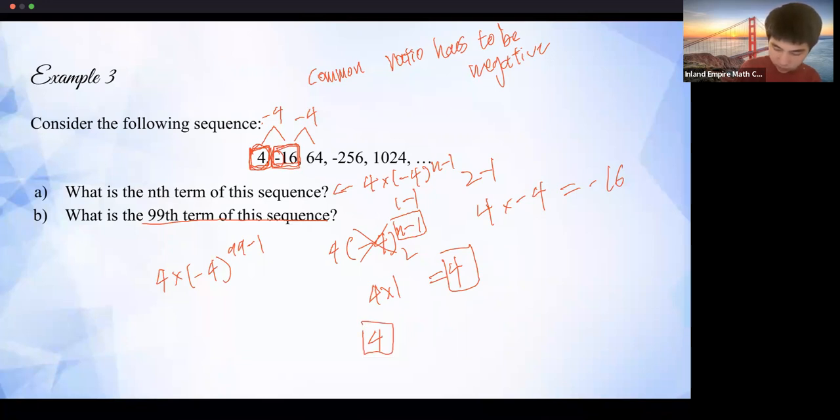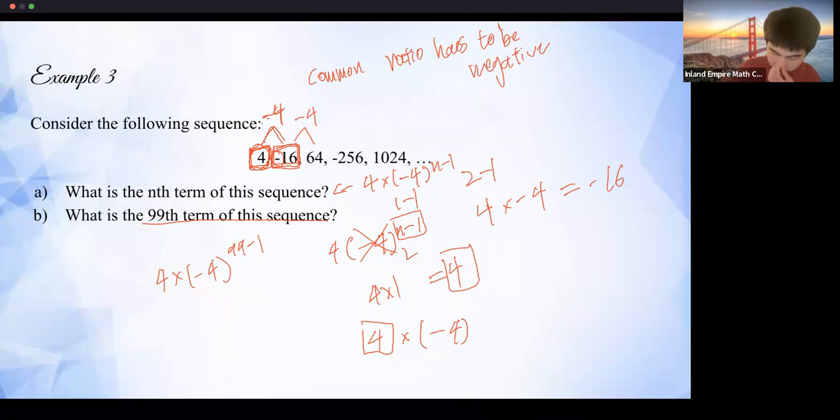We times it by the common ratio, which is -4. So you can see that for each number in the sequence, we times it by -4. However, for the first one, we don't times it by anything, because it's just 4.